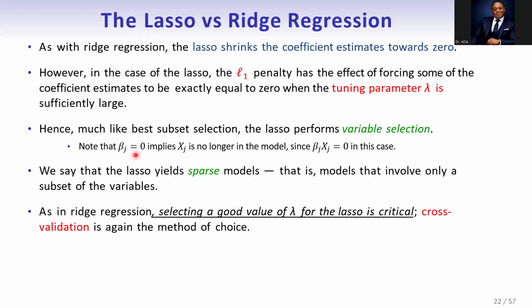If beta is 0, we know that the whole term will be 0, so this one becomes useless. That is why we say that the lasso will give you more sparsity, in other words, models that involve only a portion of the variables. Take note, lasso gives you more sparsity than ridge regression.